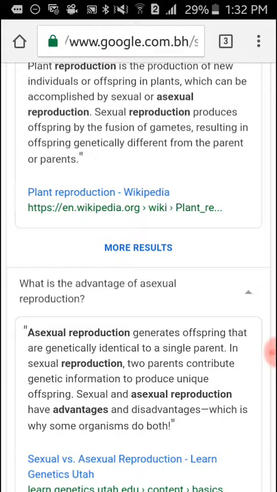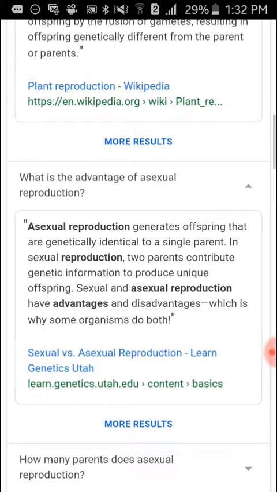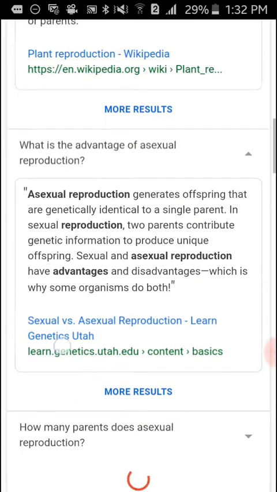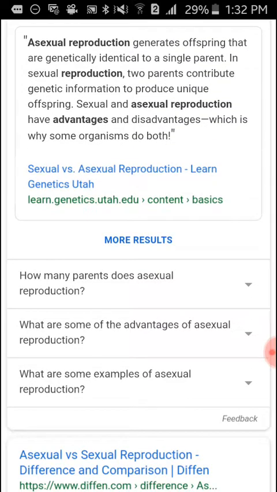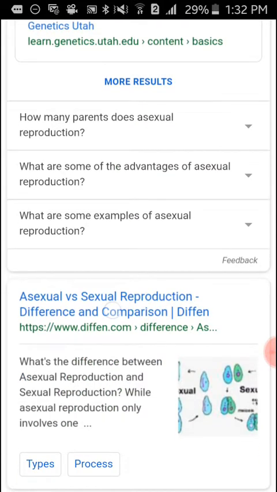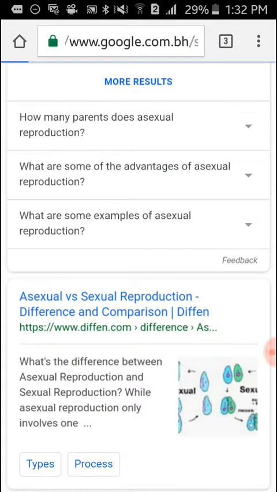Right. Sexual and asexual reproduction have advantages and disadvantages, which is why some organisms do both. Okay. So why didn't they tell us more about asexual reproduction than that? Let's see this one.